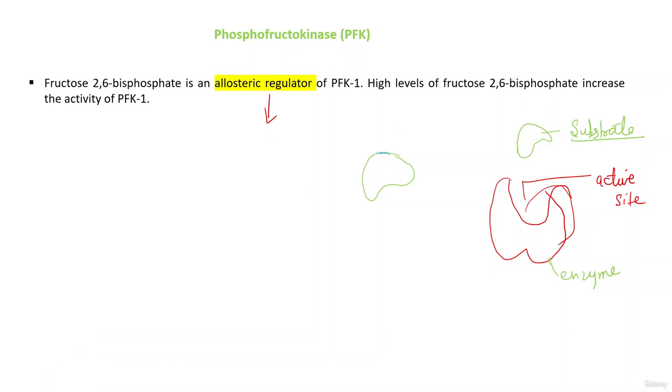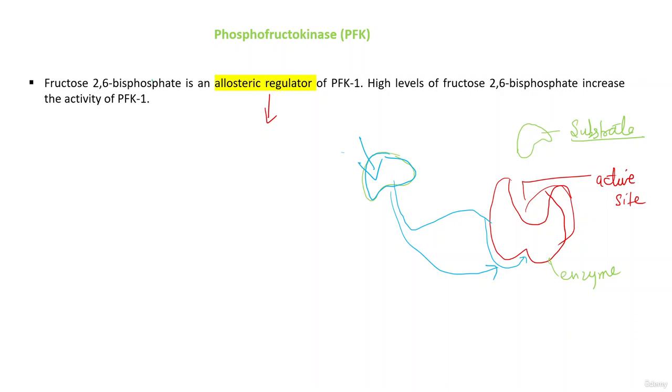It will bind to the allosteric site; enzymes have allosteric sites too, where allosteric regulators bind. By binding at the allosteric site, they can either enhance the enzyme's activity or inhibit it. It depends on the allosteric regulator.